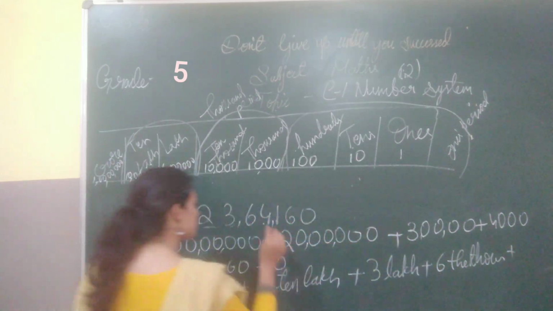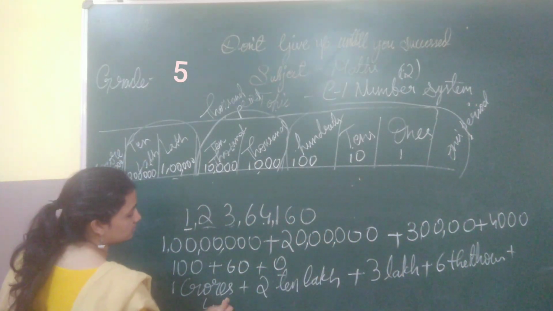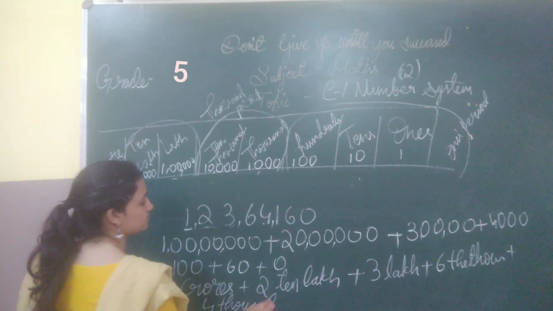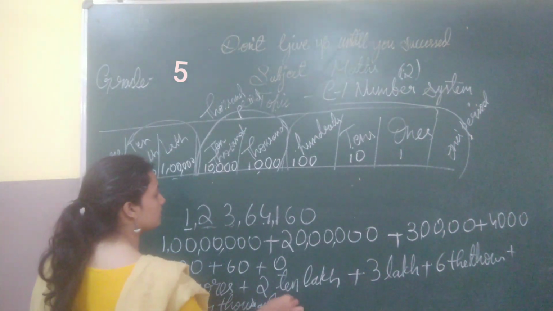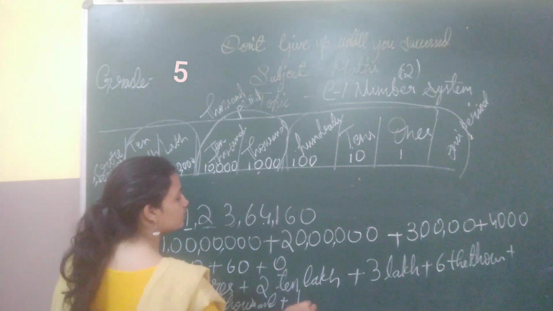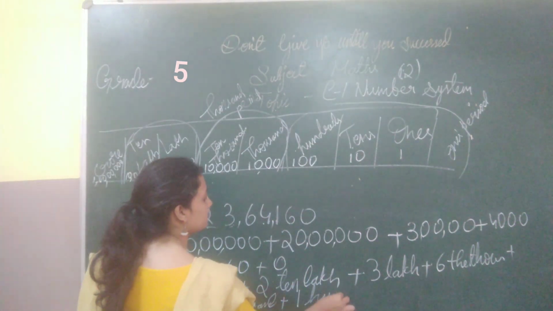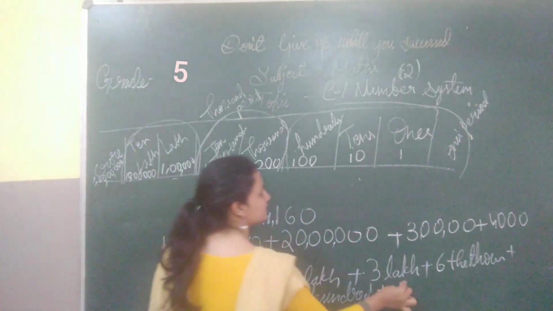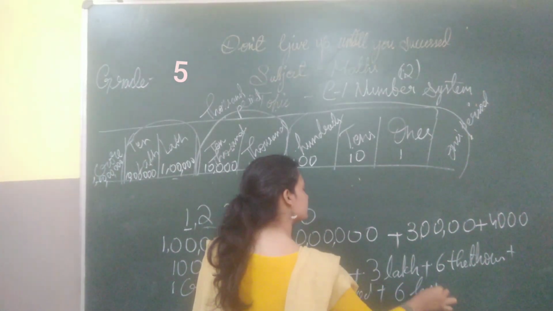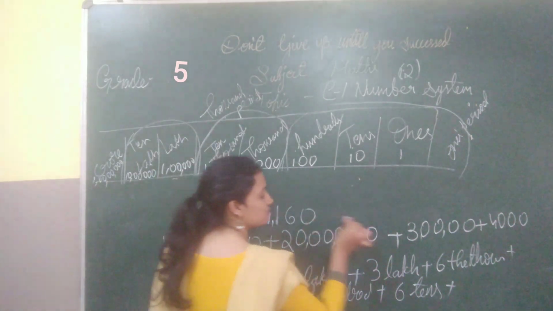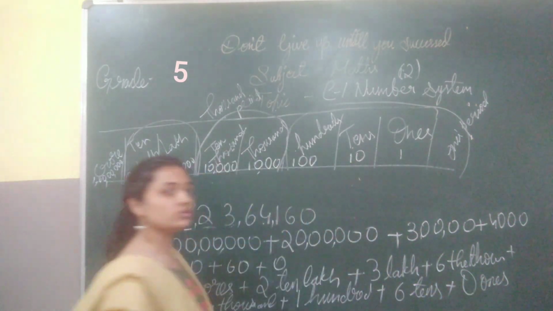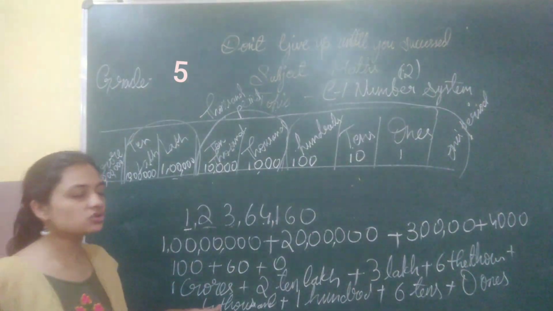Plus 4,000 in words, plus 1 is in hundred place, so 100, plus 6 tens, plus what is in the ones place? 0. So this is also an expansion.